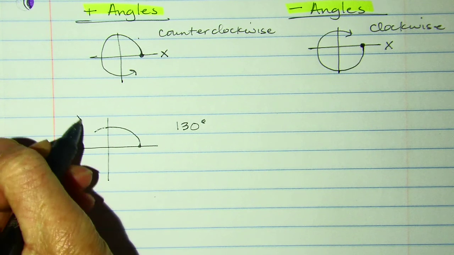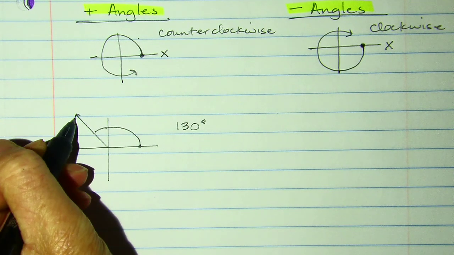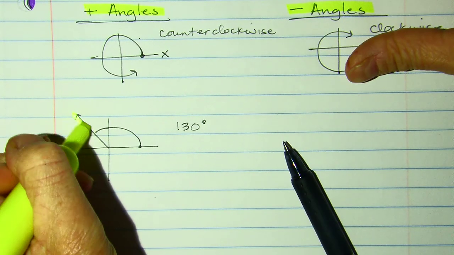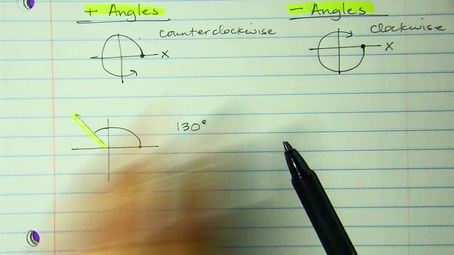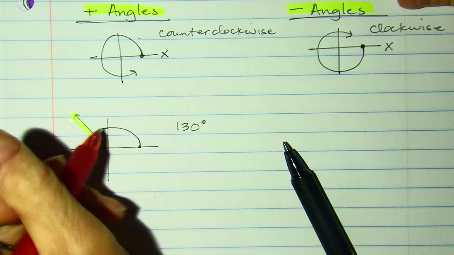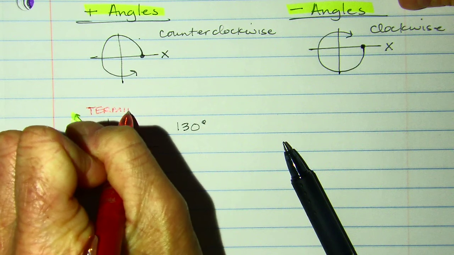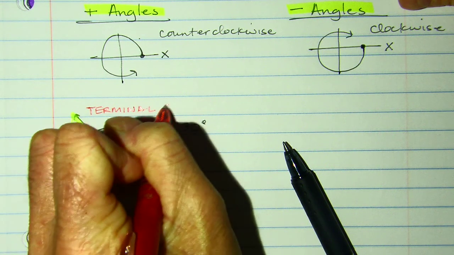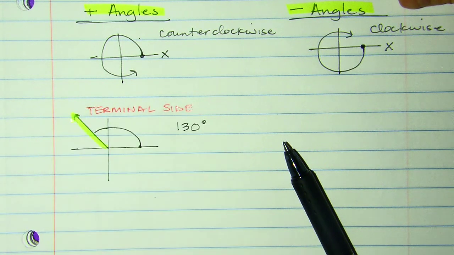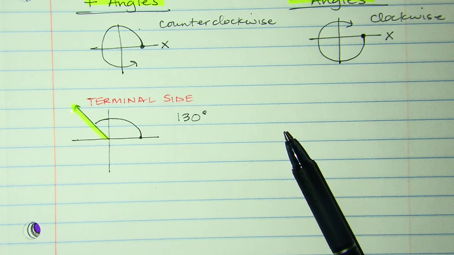So let's estimate that my angle is here. The side that the angle forms is called the terminal side. That is the side that is formed from our angle.